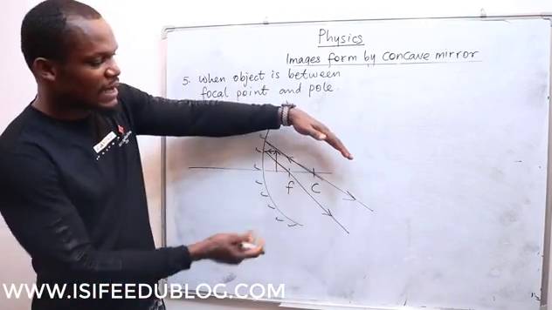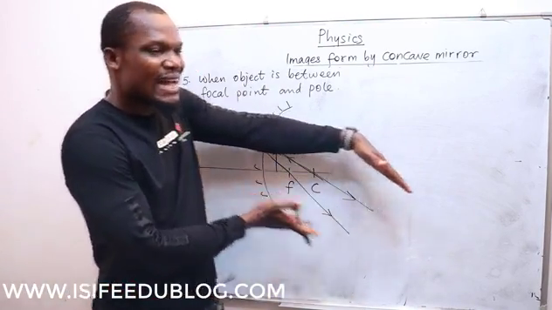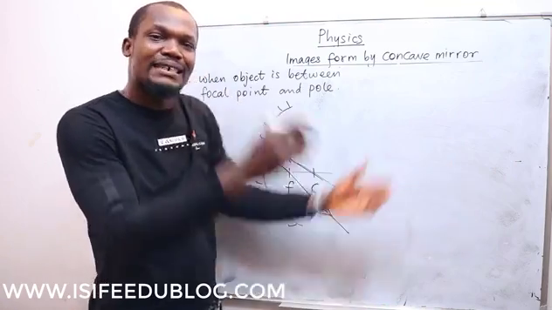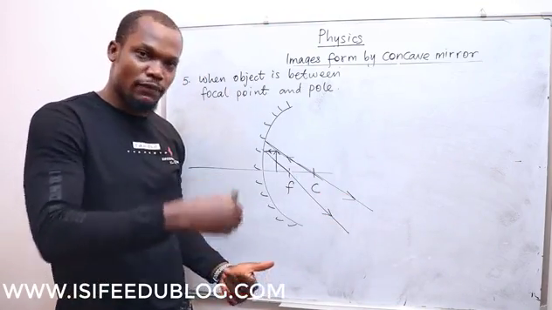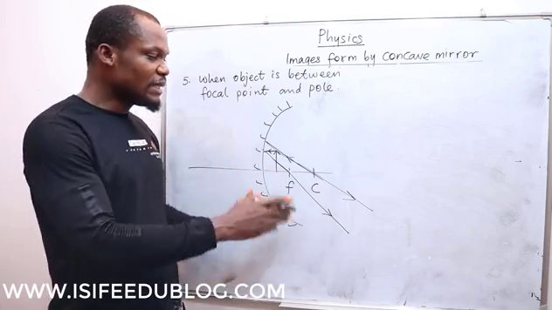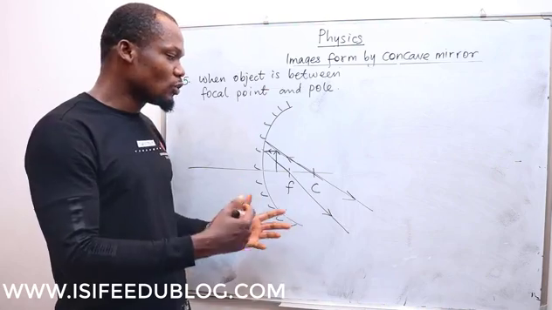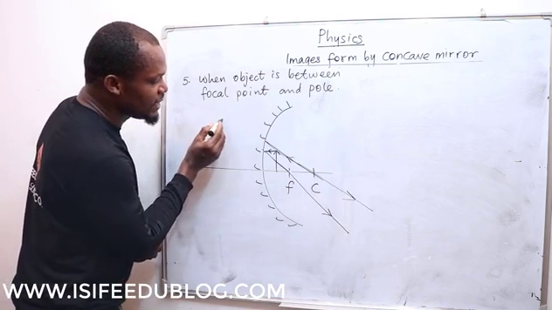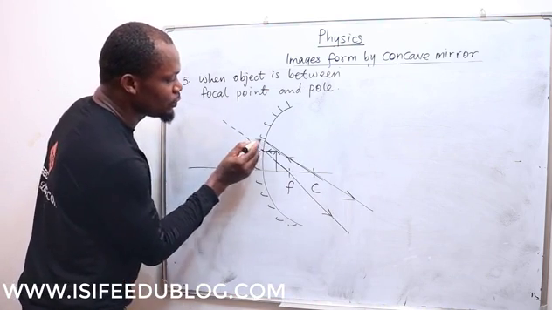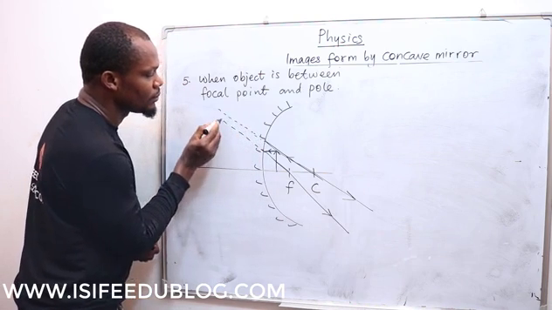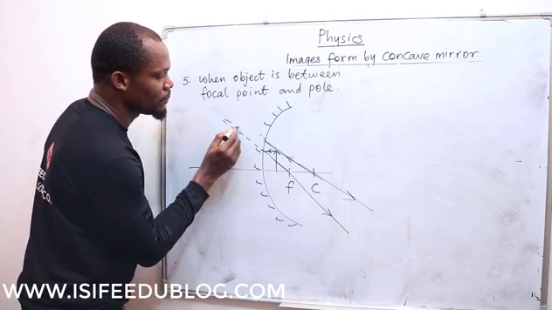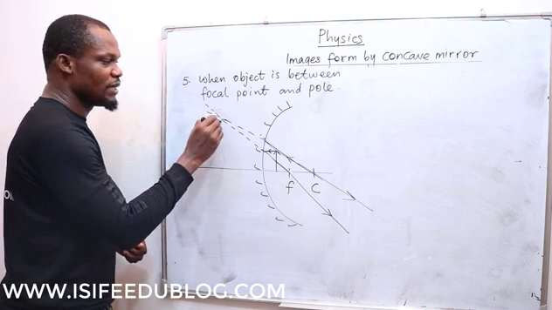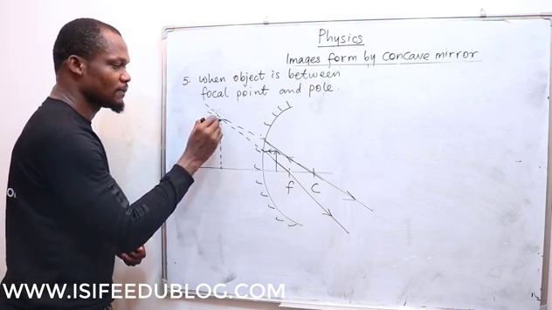So at the real part, the two rays are diverging. If they diverge at the real part and are not parallel, an image has to be formed. It means this image is not going to be formed in front of the mirror. Hence, the image is going to form behind the mirror. So the image is going to form at this point.